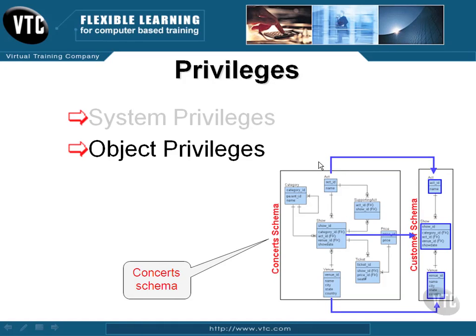You can also assign object privileges that allow DML activity, that allow a person to change data in something like the ACT table. In that case, you would apply or assign insert, update, and delete privileges to that person for that particular table.